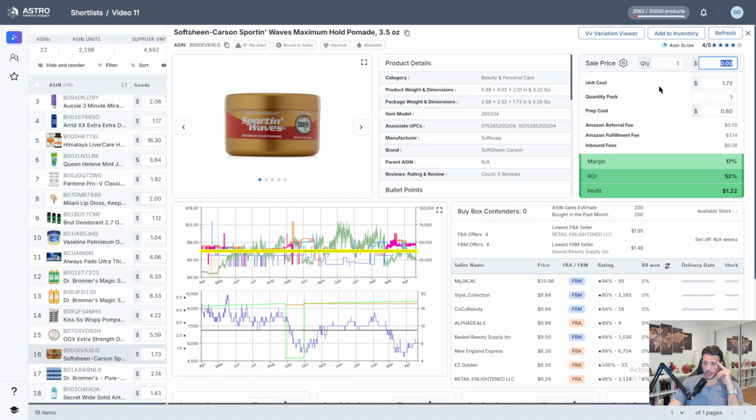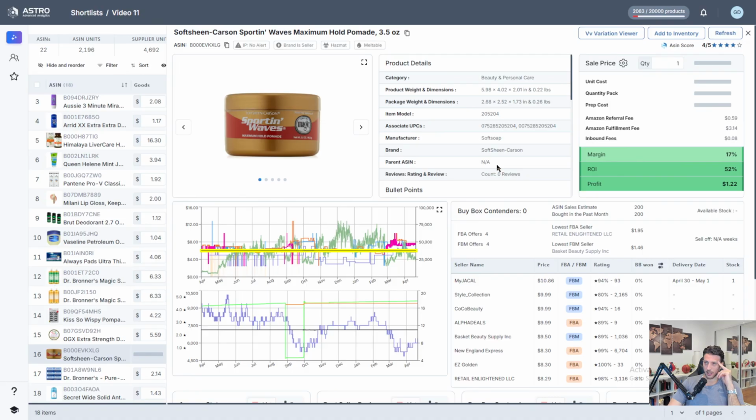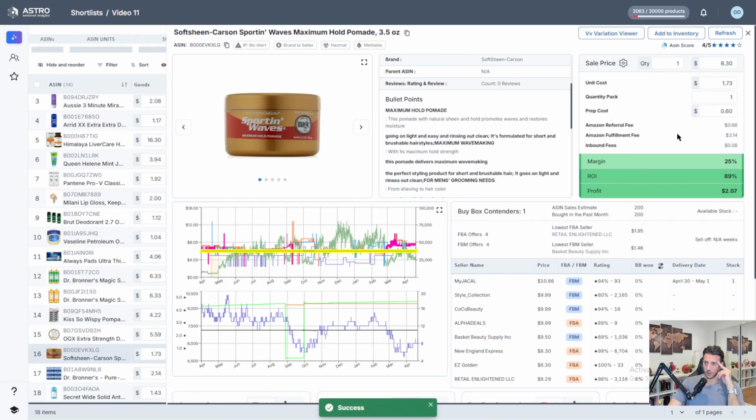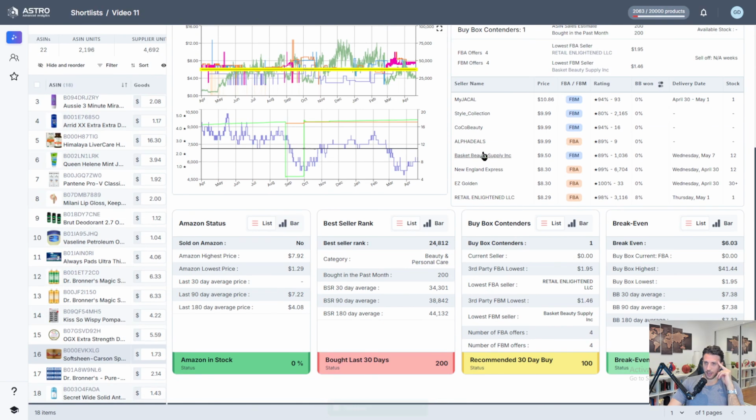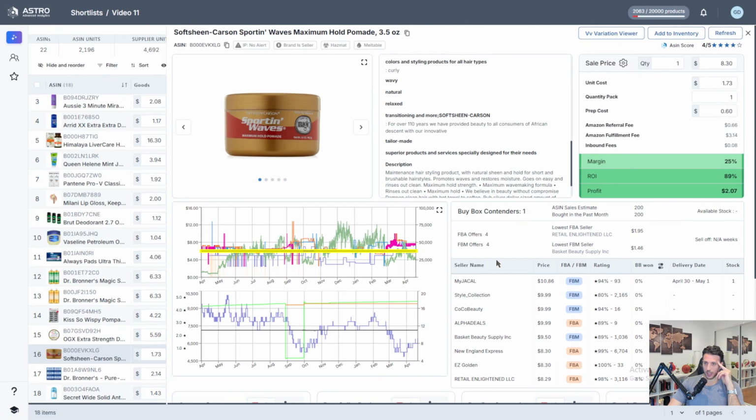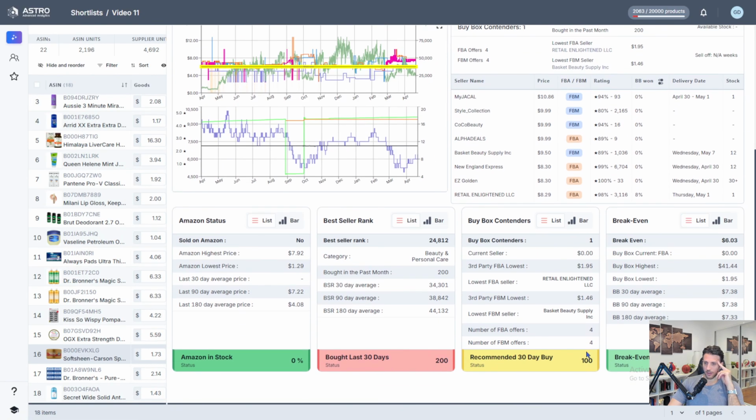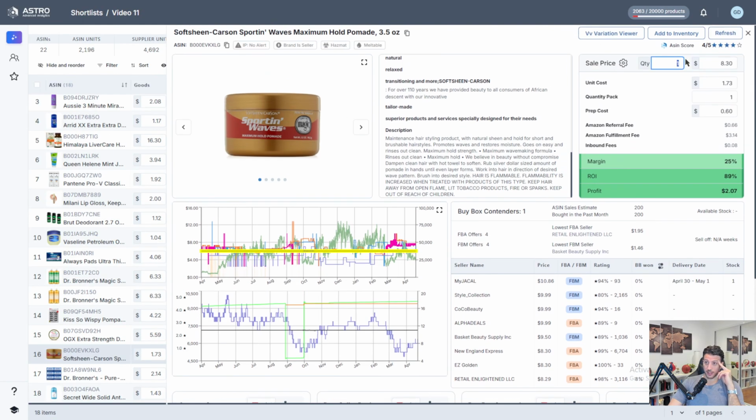I think that's a reasonable price. So there's a bit more profit, but there are 1, 2, 3 competitors. Given that there are 3 competitors at 200 sales, probably you wouldn't want to buy more than 60 units of these. Yeah, 60 units seems right. All right, so 60 of these.